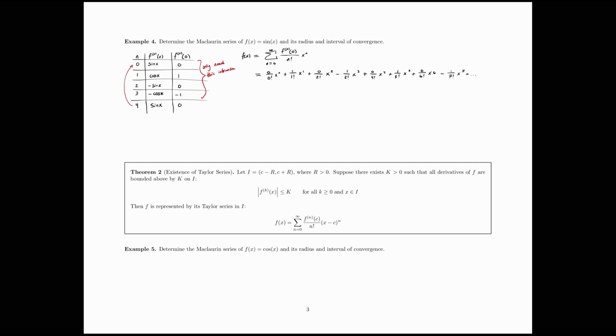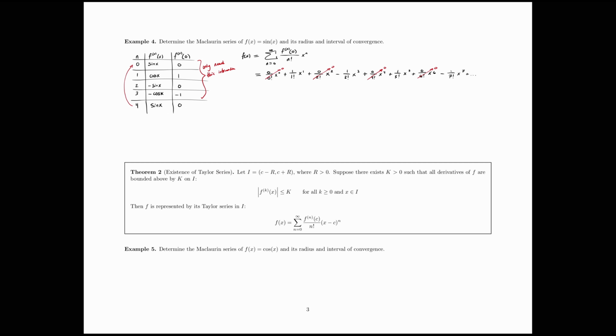Now, we don't have to include these terms that are 0. Because these whole terms are 0, we can just neglect them and not write them. So it looks like all the even terms vanished.